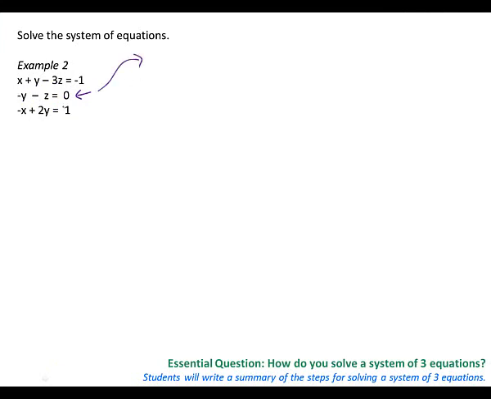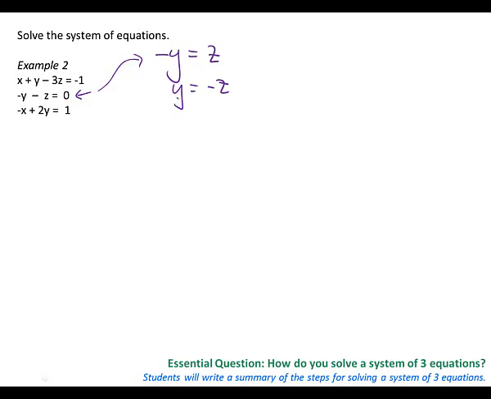Okay? So, I'm going to get y by itself in that one right there. So how do I move the z to the other side? Add it. So negative y equals z. And then, I'm going to try to solve for y. So I'm going to move that negative over, so I've got y equals negative z. Alright.